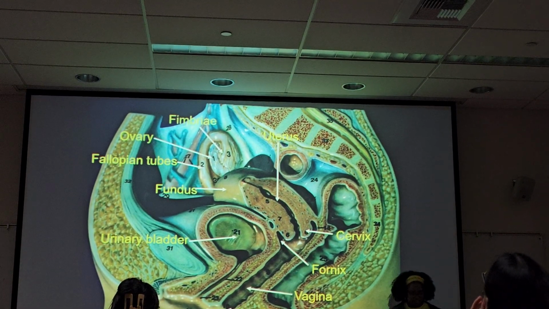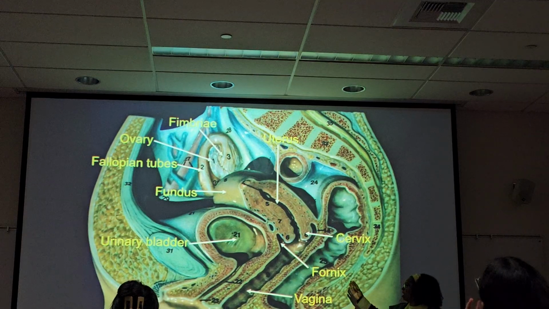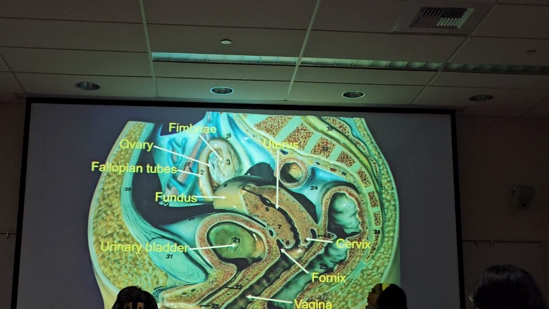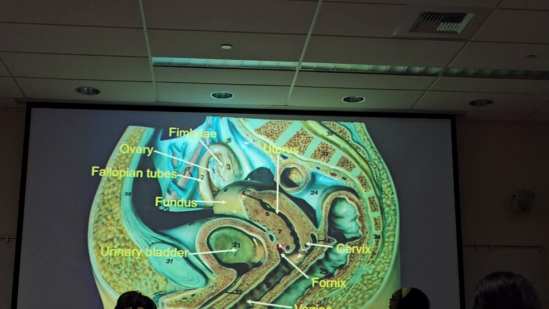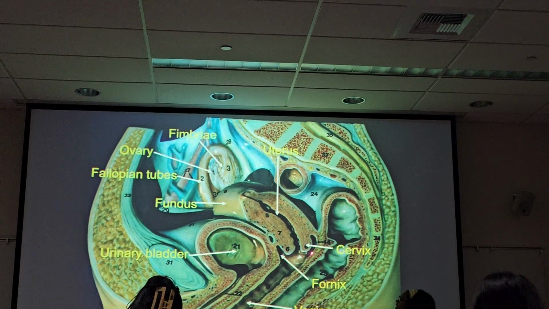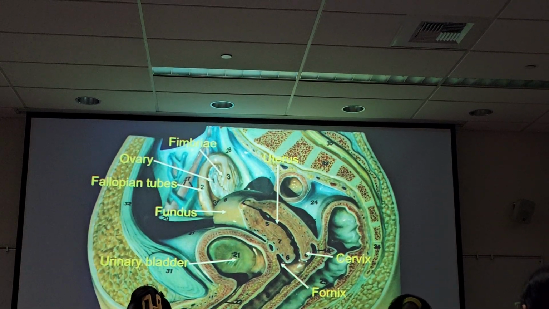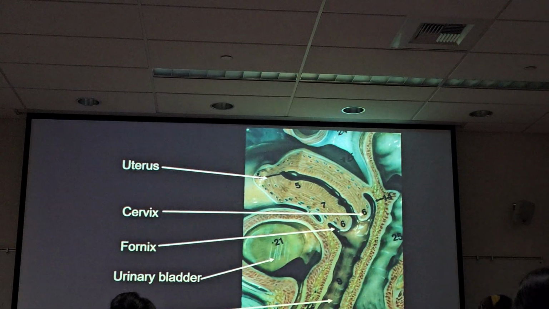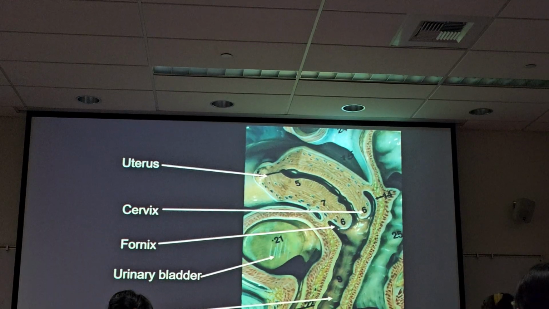We're looking inside, but all of this is round. So this fornix is this round region around the cervix. This is where sperm are going to collect as they're trying to get into the uterus, and they'll find that fertilized egg and fertilize it.